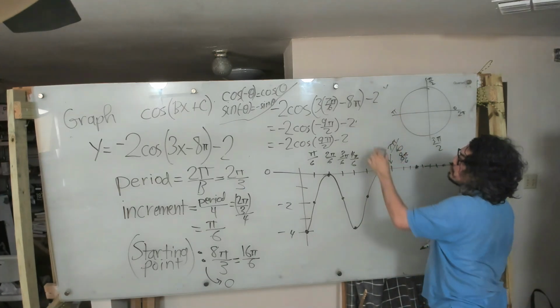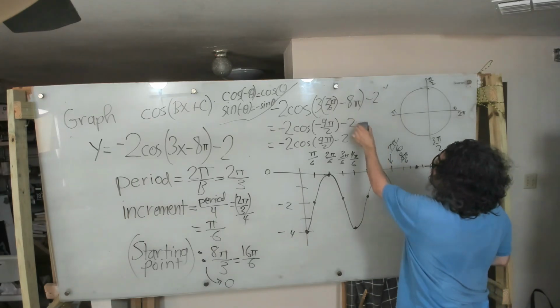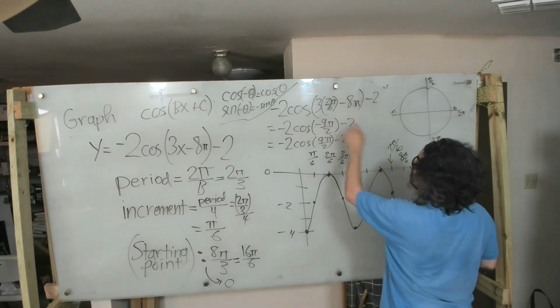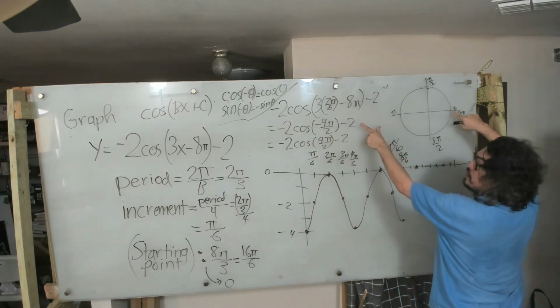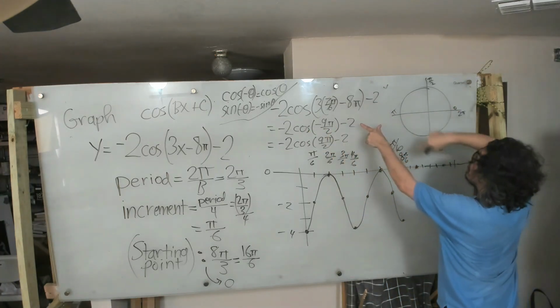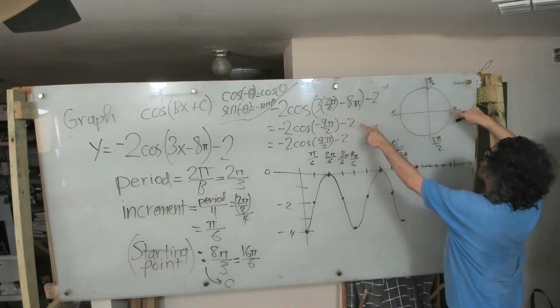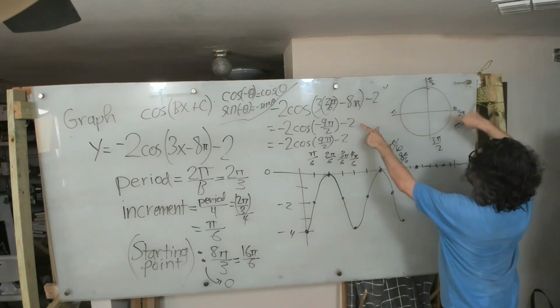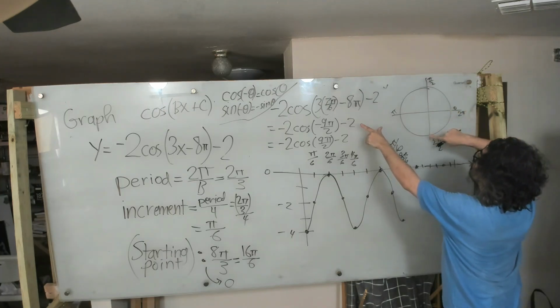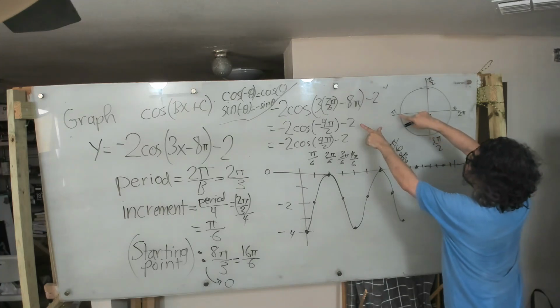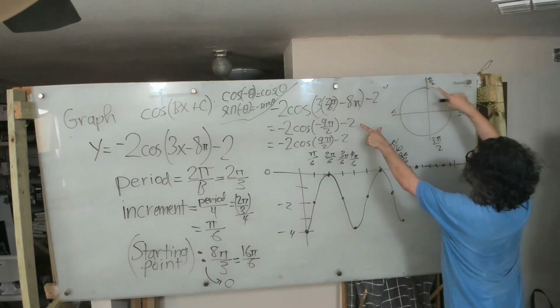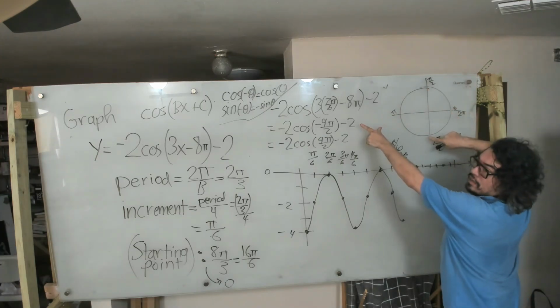Okay, so let's just pretend for a moment that I don't know the even-odd identities, and I want to evaluate the cosine at negative 9 pi over 2 like this. To go negative angles, instead of going counterclockwise, we go clockwise. So negative 1 pi over 2, negative 2 pi over 2, negative 3 pi over 2, negative 4 pi over 2, negative 5, 6, 7, 8, 9 pi over 2.